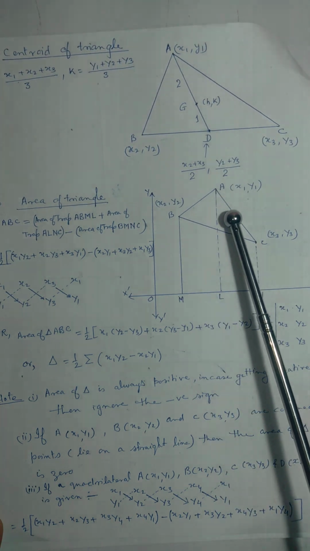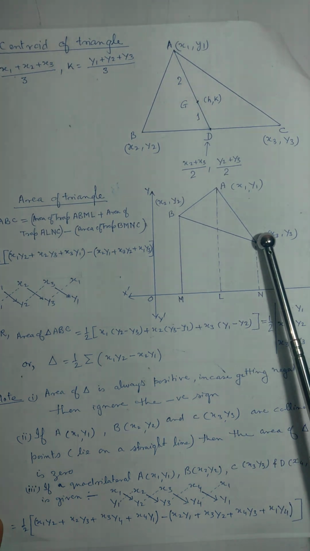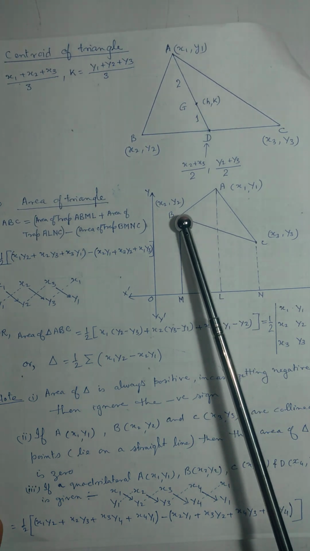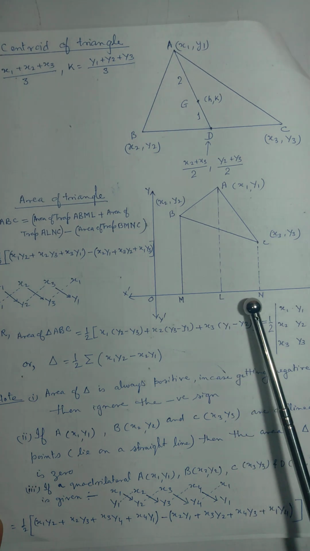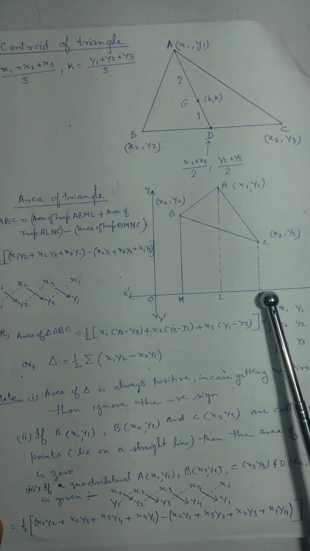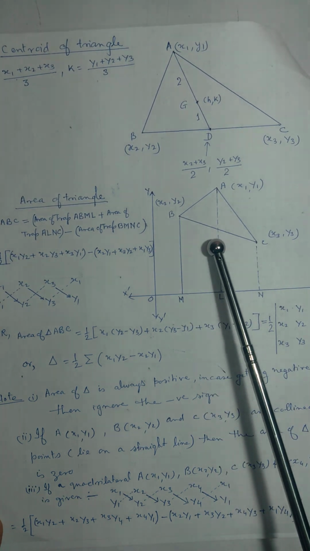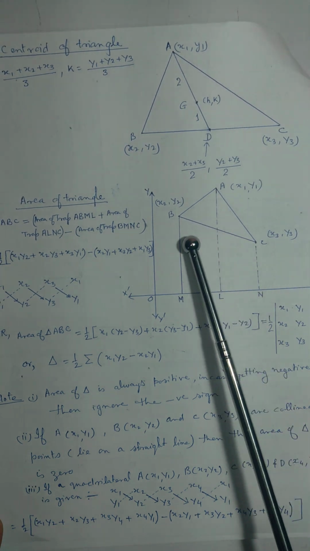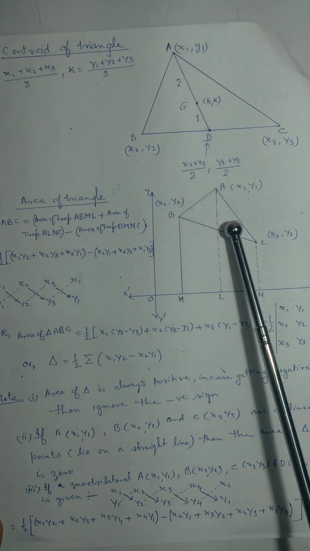The second trapezium is ALNC. And there is one more trapezium, that is BMNC. So on adding the first trapezium and the second trapezium, and subtracting this trapezium, you will get the area of the triangle.